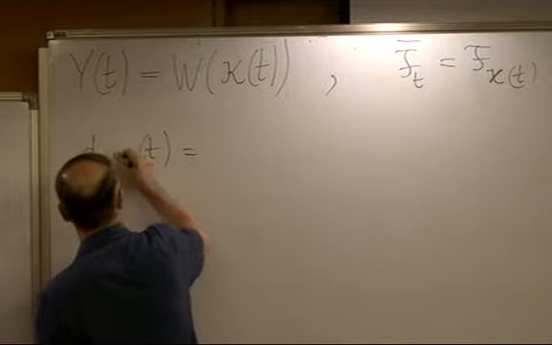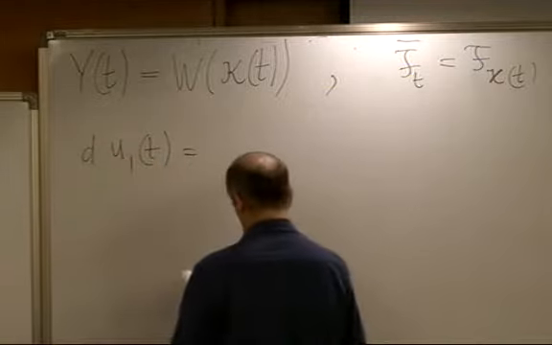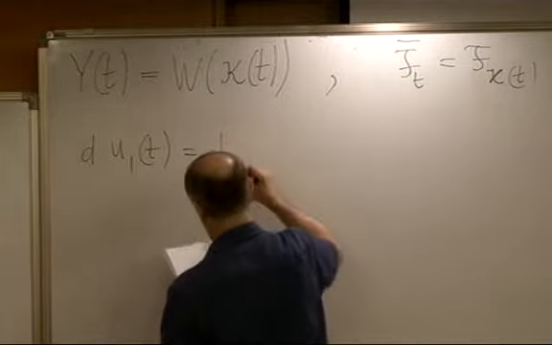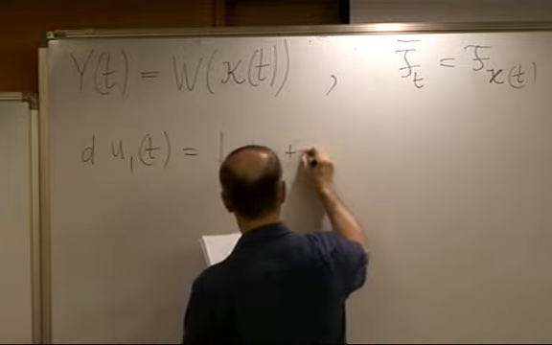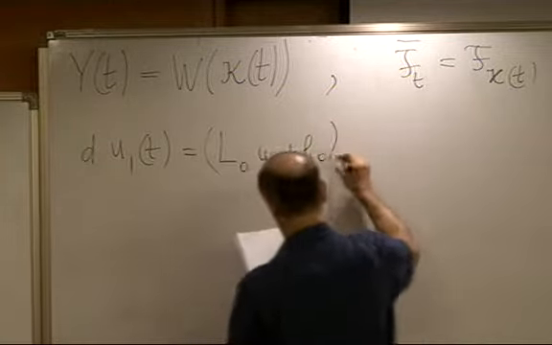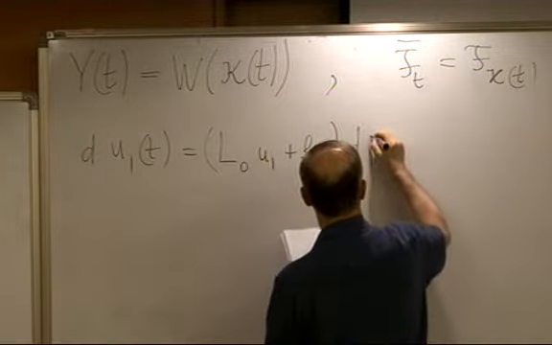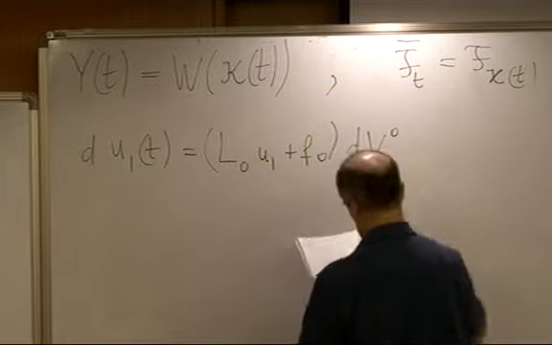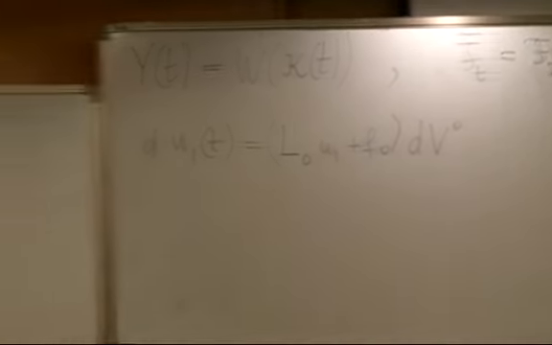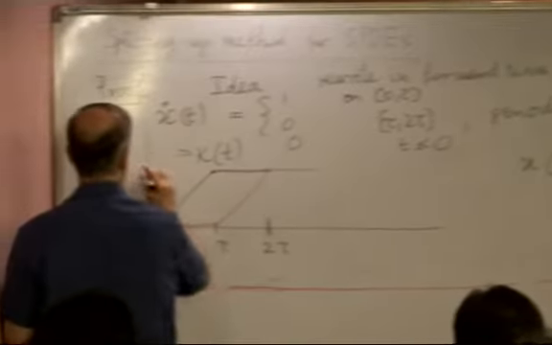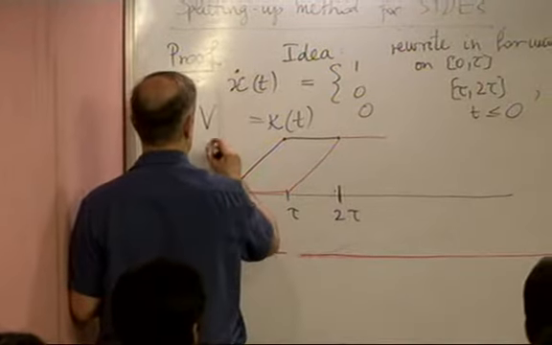U1_t is L naught U1 plus F naught dV naught, which is just another notation to have some unified notation later.